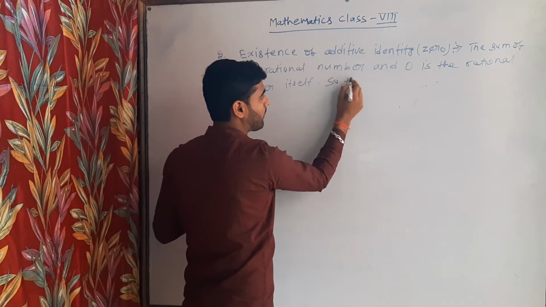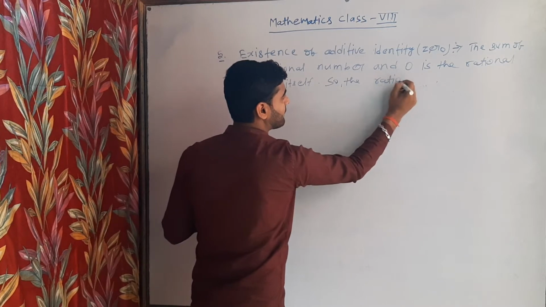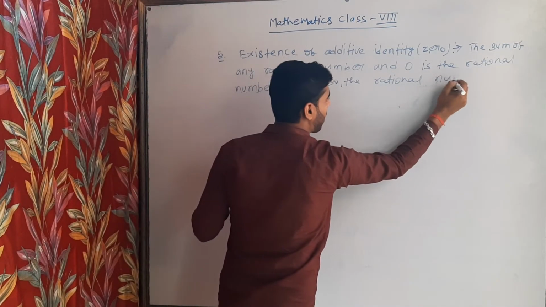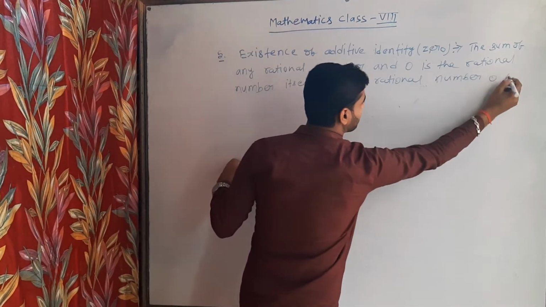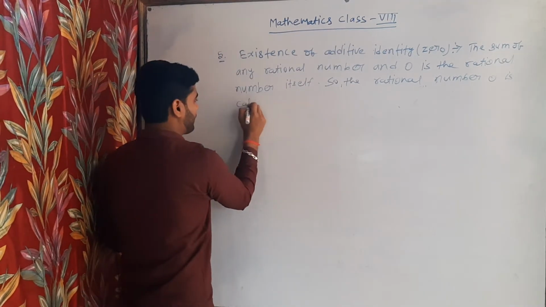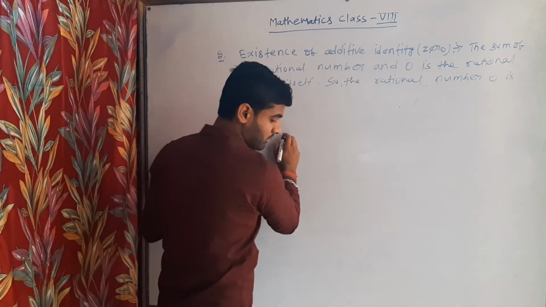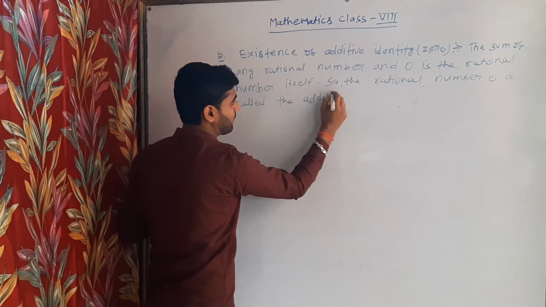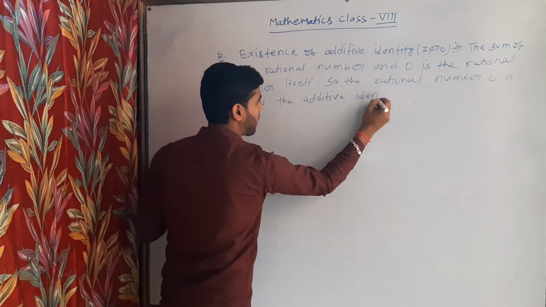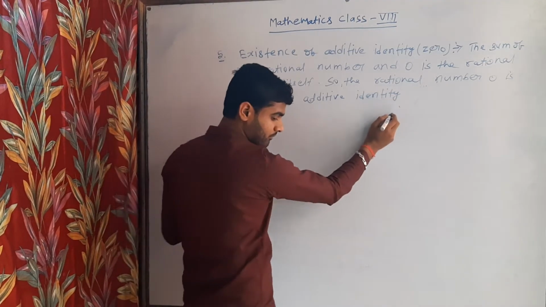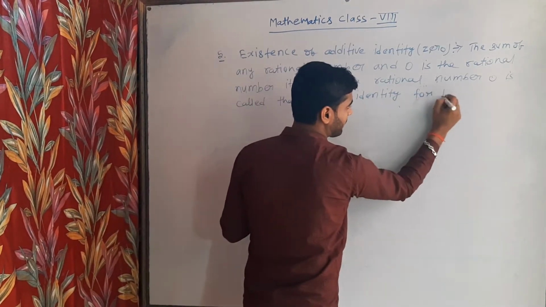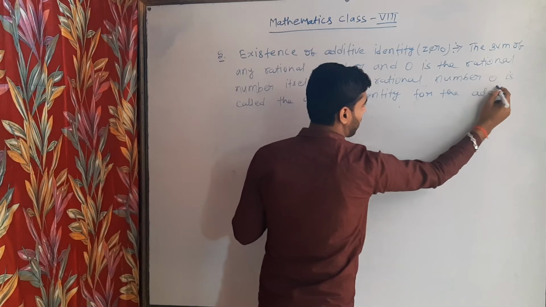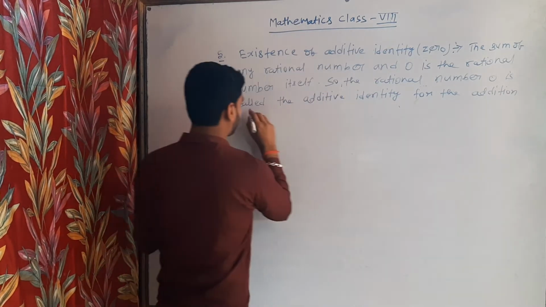So the rational number 0 is called the additive identity for the addition of rational numbers.